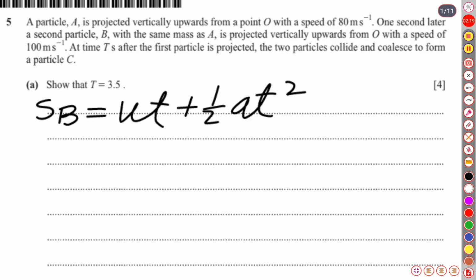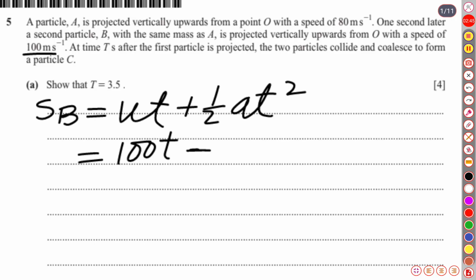Equal to initial velocity of B. Let's see, initial velocity of B was 100 meter per second. It is just 100. So 100t. And look at this, the particle was projected upward, whereas acceleration due to gravity is acting downward.